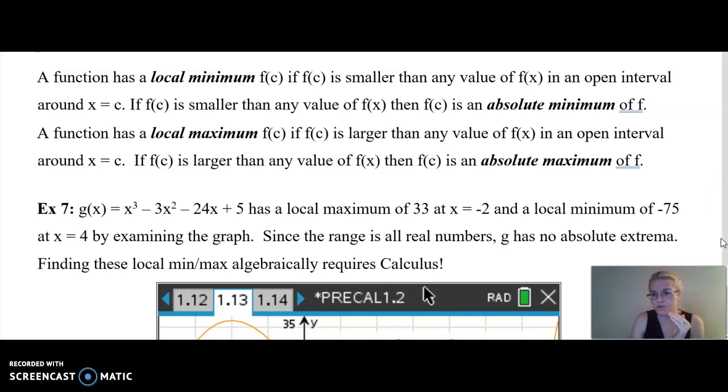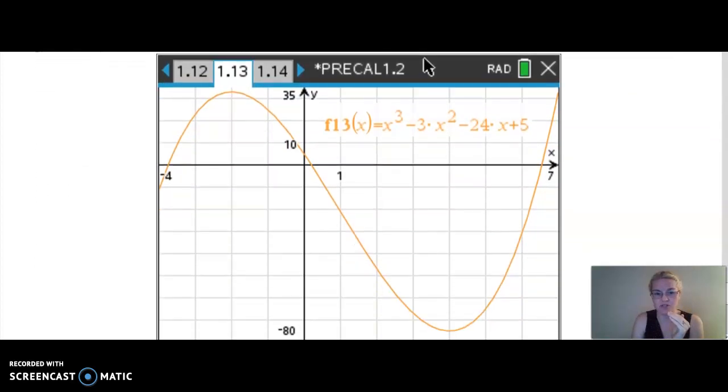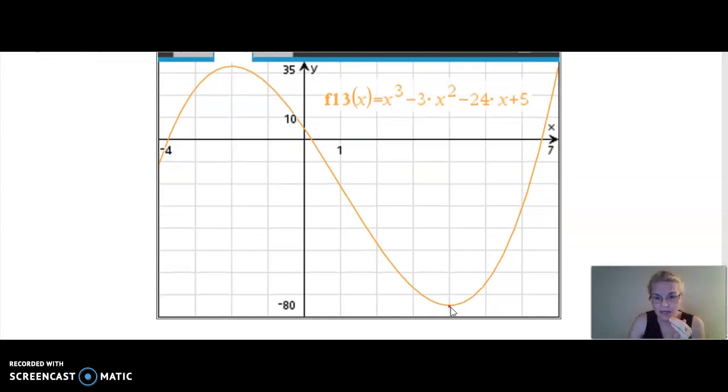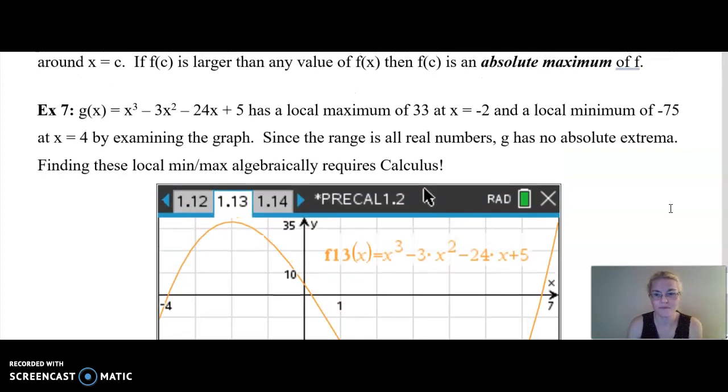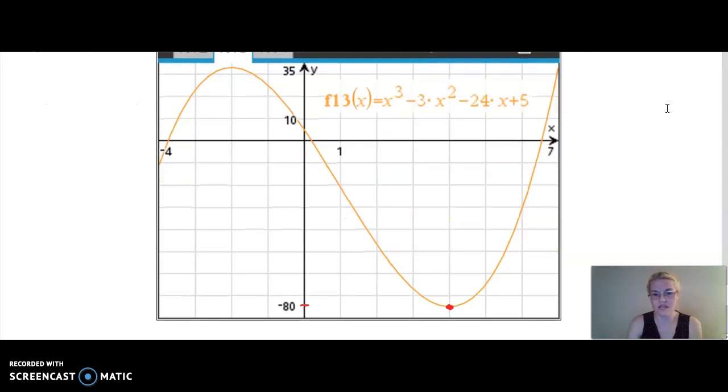So I'm just going to scroll again right down to this picture. So again, here is my local minimum. That local minimum is negative, what did I say it was? Again, you can trace on your calculator to see. It has a local minimum of -75. So -75 is that y value.